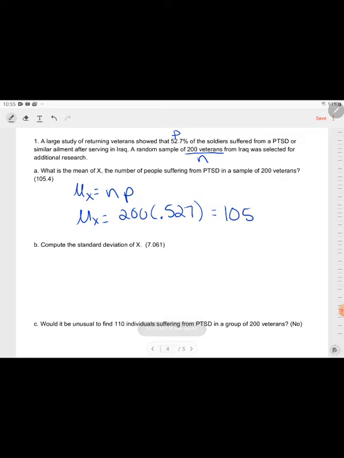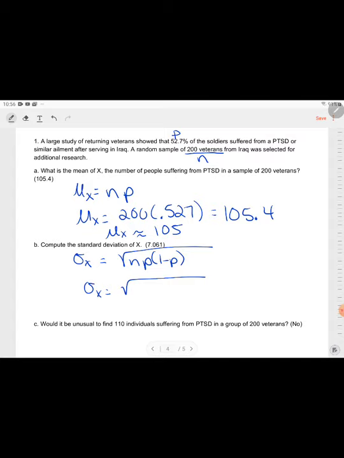And we know that we can't have 4/10 of a person. So if we approximate, we're not going to get to 106. We're going to go ahead and round down. Normally, if you want to know how many people, you're going to round down instead of up because you don't quite get there. Okay, what is sigma? Your standard deviation, that's your symbol, sigma x, is equal to the square root of np times 1 minus p.